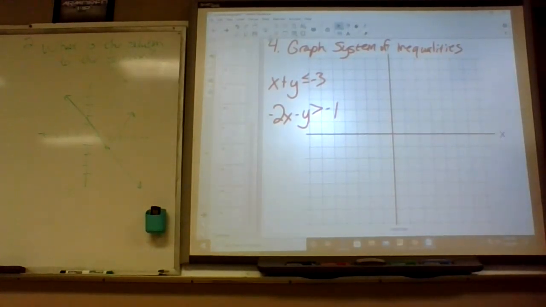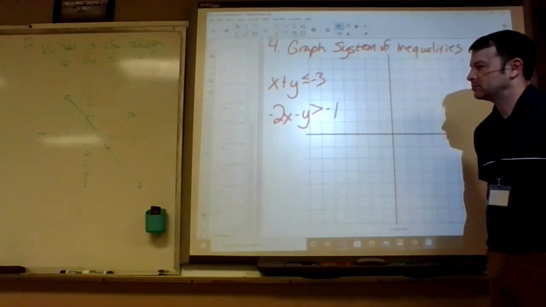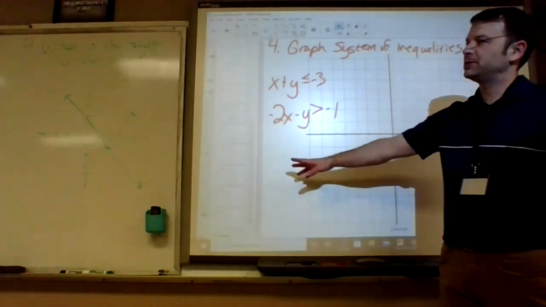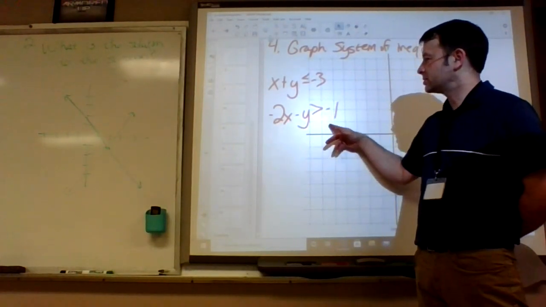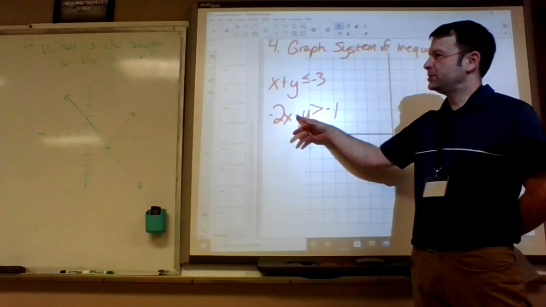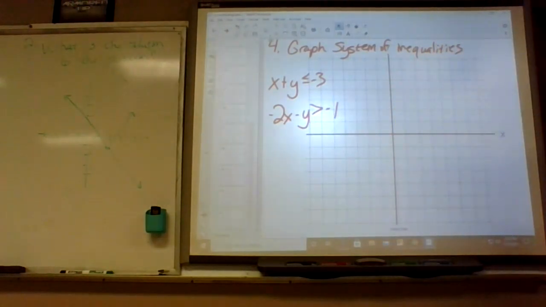You gotta get y by itself, right? Then it would be negative y is greater than negative 2x minus 1, but then how do you get rid of the minus 2x on this side? Oh, plus, I meant plus 2x. But then you have to divide by negative 1. When you divide by negative 1, the signs and the inequality all switch.